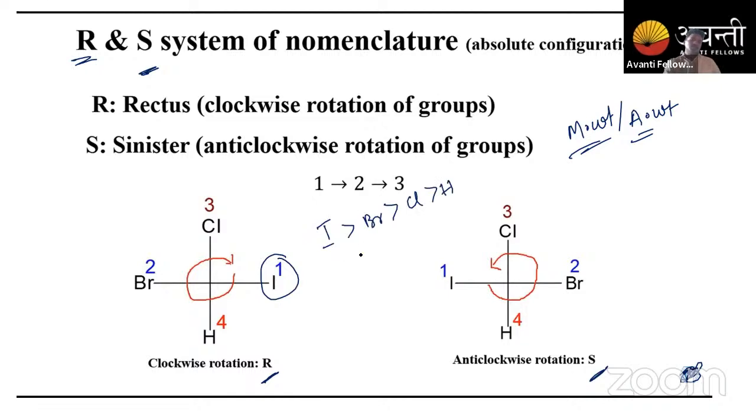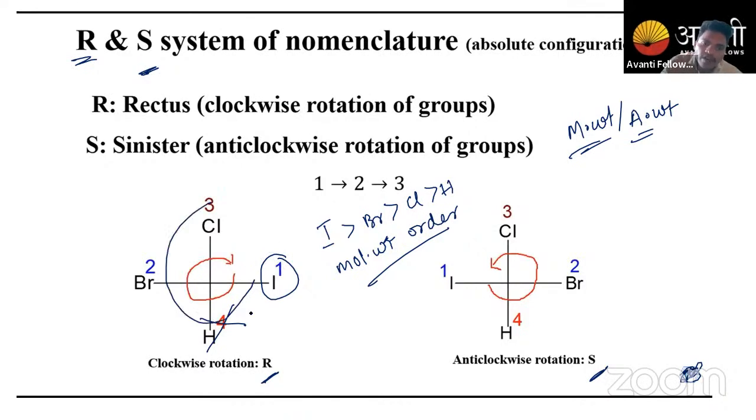This is the molecular weight order. When you know the molecular weight order and assign the numbering, just crisscross it and try to see the rotation. 1, then 2, then 3, then 4.